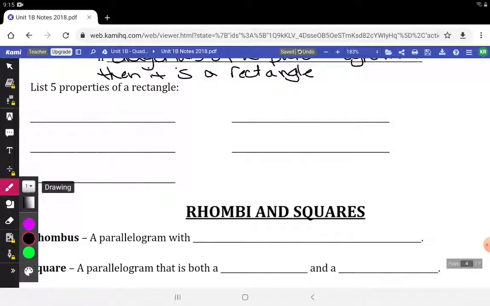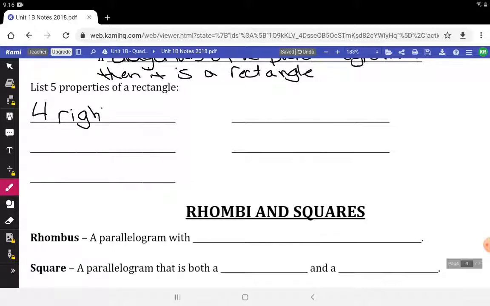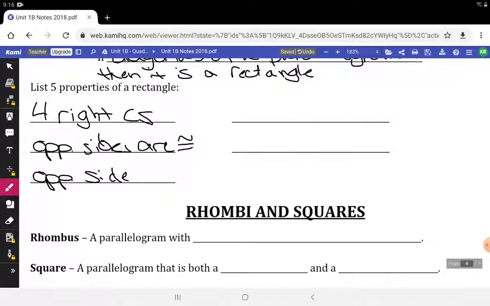Okay, so we know that we have 4 right angles based on it being a rectangle. Based on it being a parallelogram, we know that the opposite sides are congruent. We know that the opposite sides are parallel.